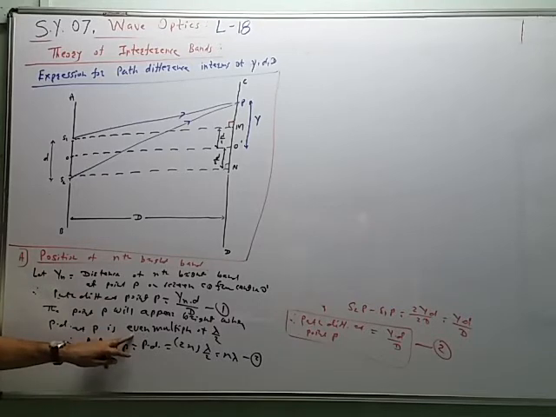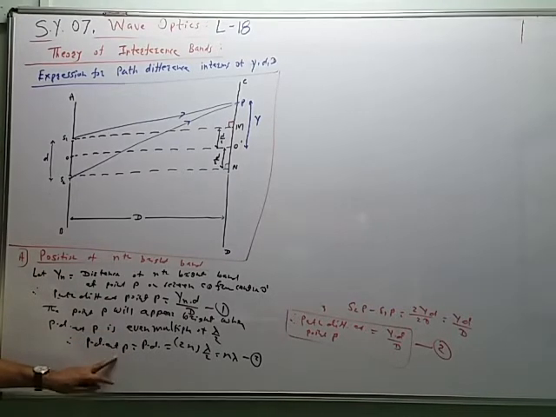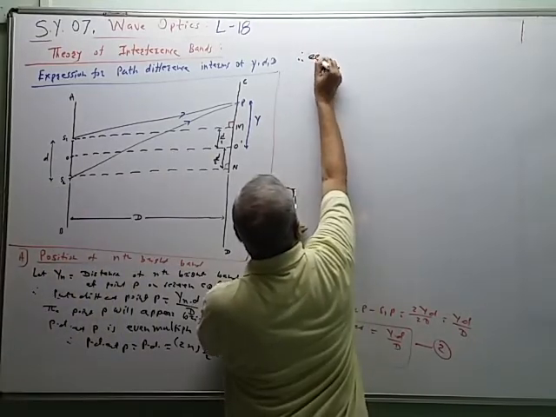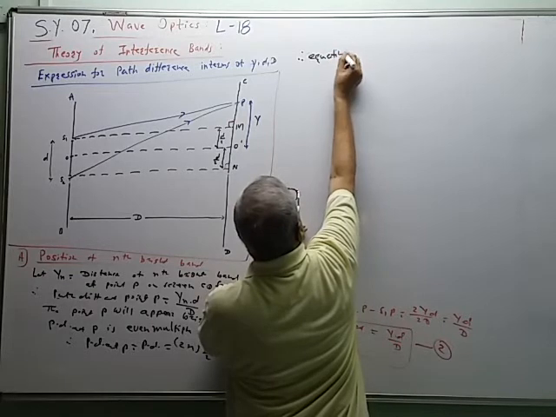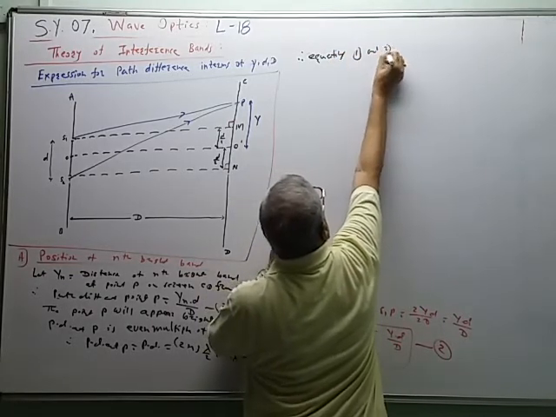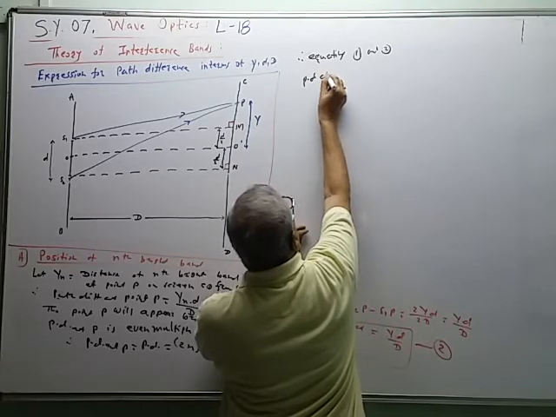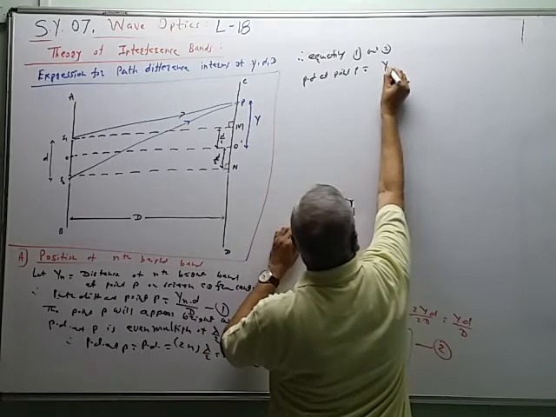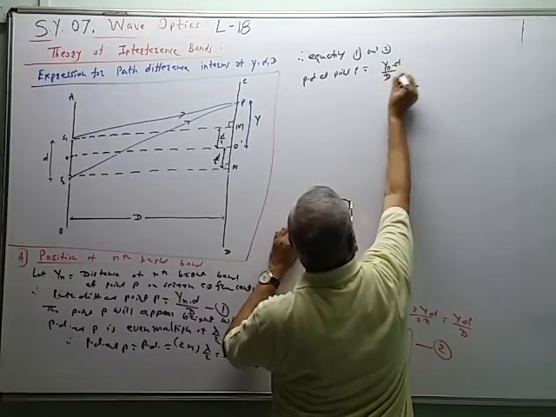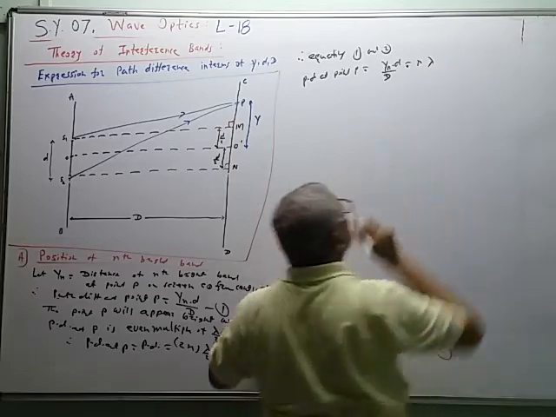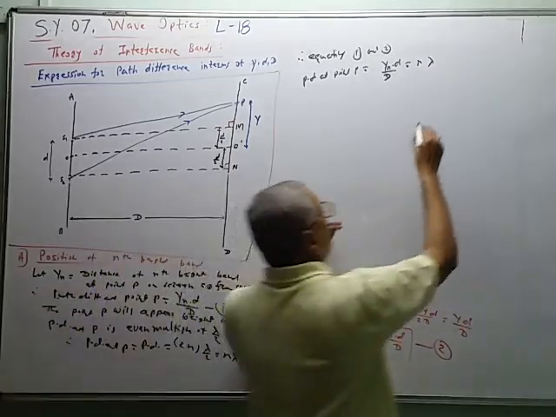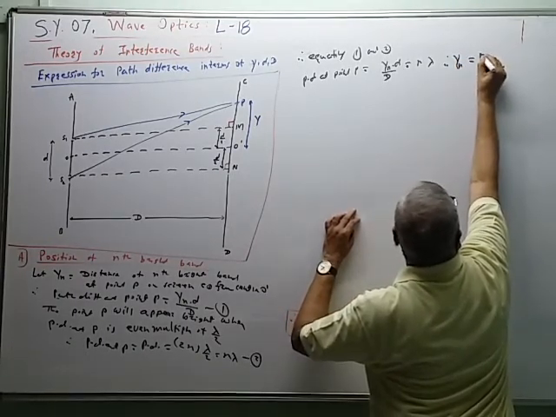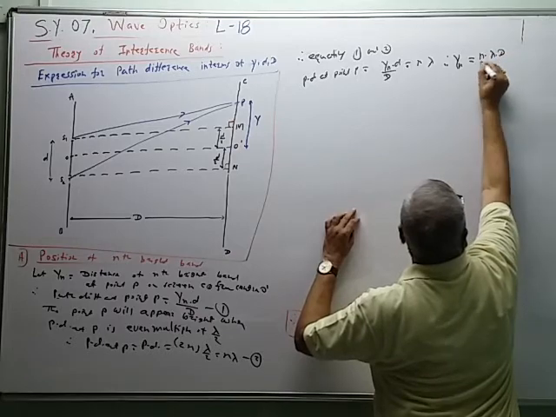So for the nth bright band, equating 1 and 2, path difference at point P is equal to yn into d upon D is equal to n lambda, and therefore yn, the distance of the nth bright band, is equal to n into lambda into capital D upon small d.